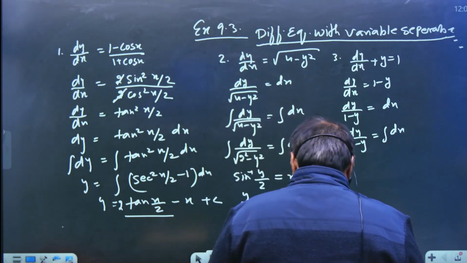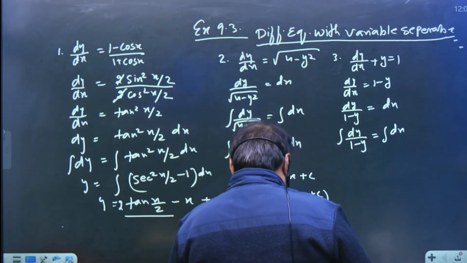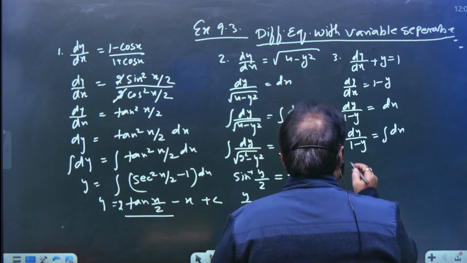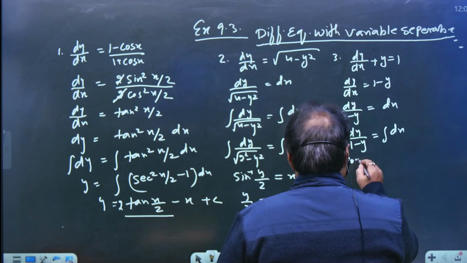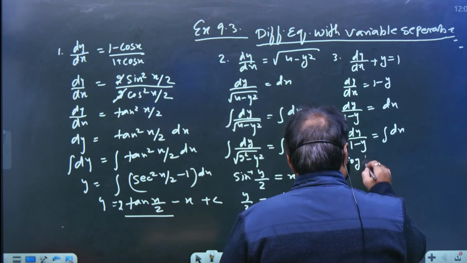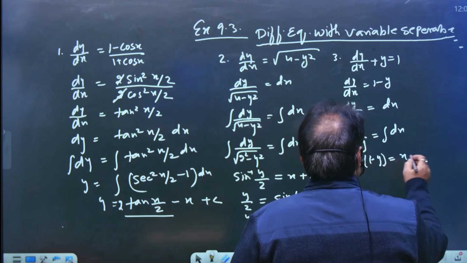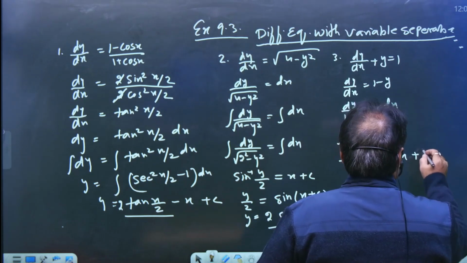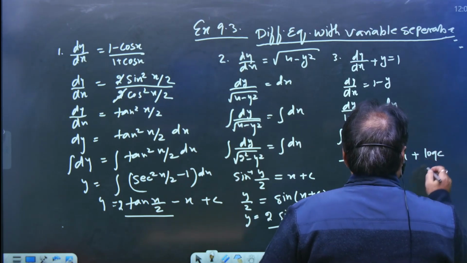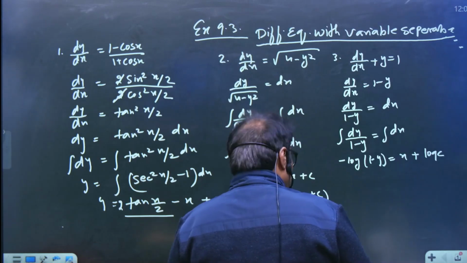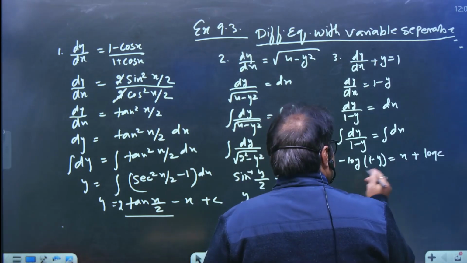Okay. And integration of this is equals to minus log of 1 minus y is equals to x. Here is log, so in place of this c we can write log c, and now transfer this log to the left hand side.